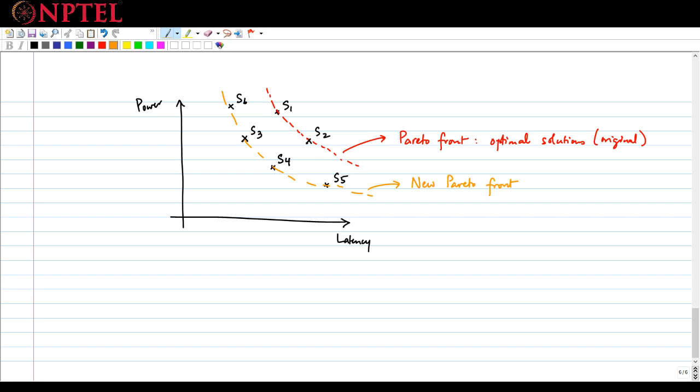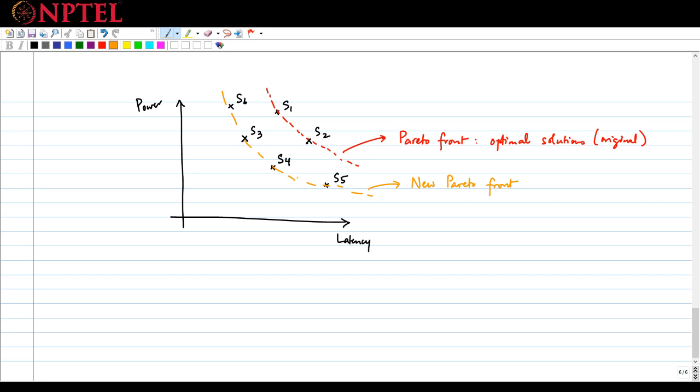S3, for example, consumes more power than S4 but has lower latency. On the other hand, it consumes less power than S6 even though it has a higher latency, right? So on any pair of these solutions, if they do well in one metric, the other one will do better in the other metric, okay? And these Pareto fronts are imaginary lines that join all of these dots together. Keep that in mind, they are imaginary lines.